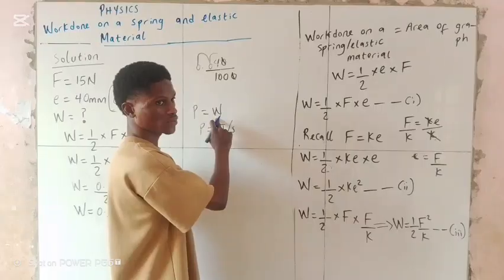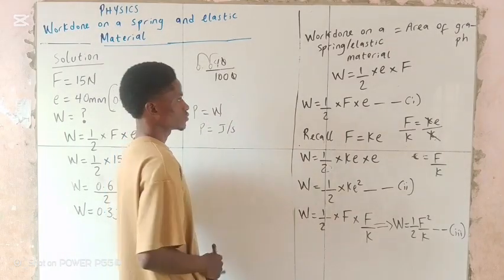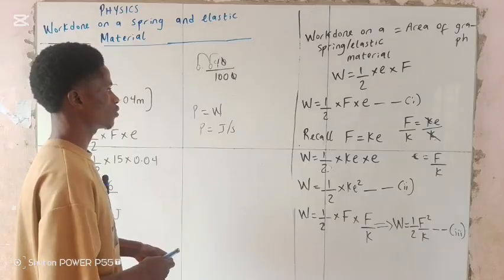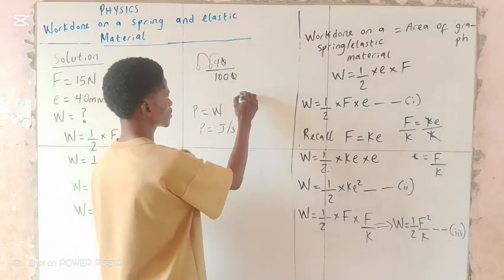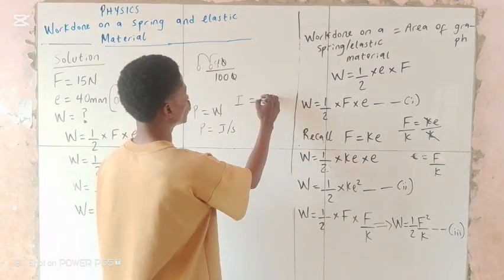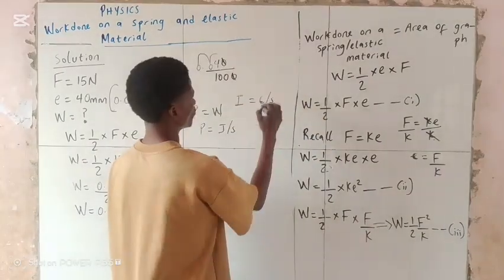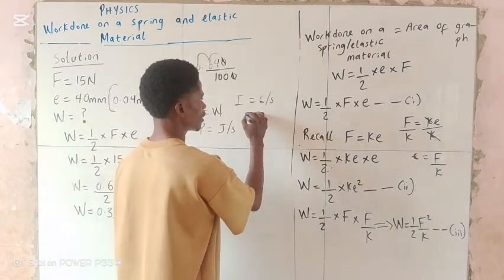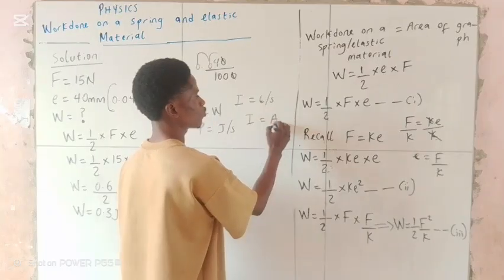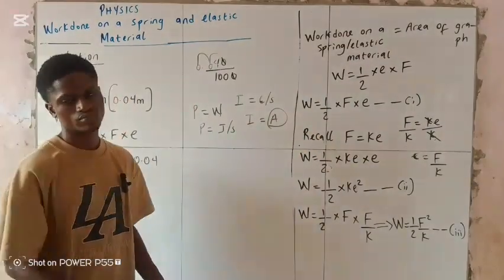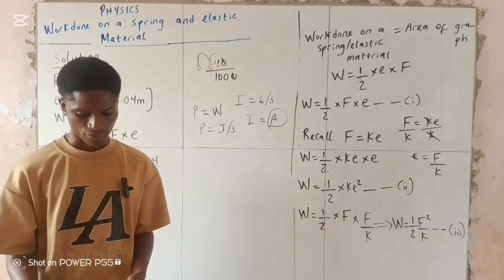Watts. Same thing also applies for current. Current is coulombs per second. But we use what there? We use ampere. So that's the fact there.